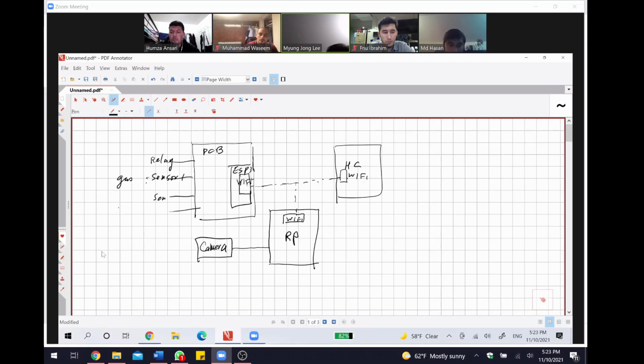We have a gas sensor, a temperature sensor, and a light intensity sensor. Okay, gas, temperature, and light. So these sensors are connected here. Yes, this one.